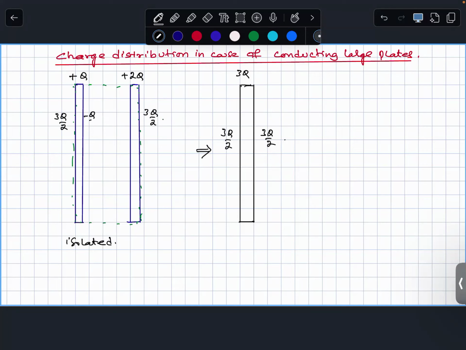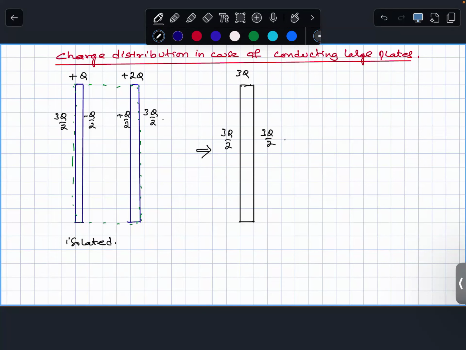You should have minus Q by 2 charge here and plus Q by 2 charge here. What is the total charge on the right hand side plate now on the basis of the new distribution? What is the charge on the left hand plate? I hope you got my point. So this is how you will have.